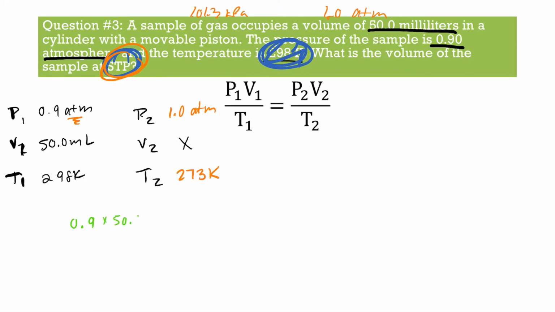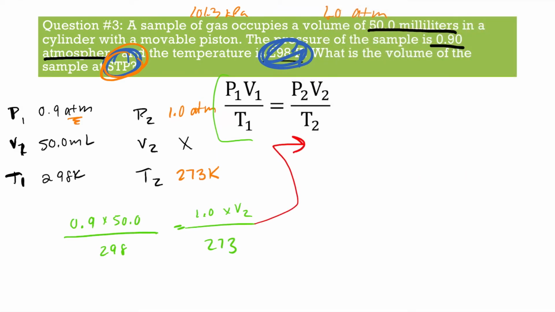Okay, so with that being said, we have 0.9 times 50.0 over 298 equals, so that's the first half of the equation, 1.0 times V2 over 273. So right there, all we did was plug in our variables. And then simplify some stuff. 0.9 times 50 is 45 over 298 equals 1 times V2 over 273.